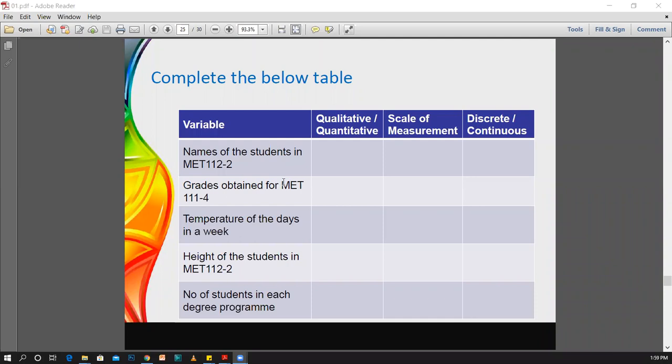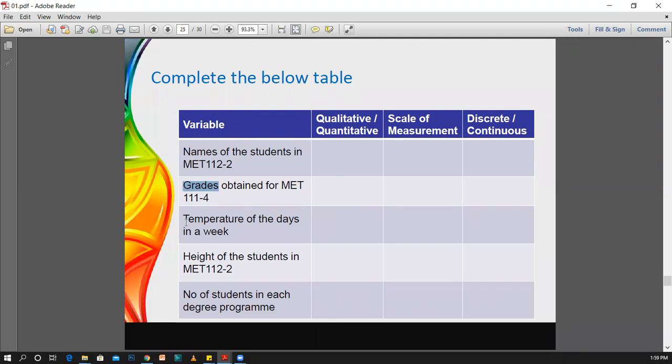Then you may have A plus, A minus, B plus, B minus, D, C, F. Likewise, you may have letters only. Here it is not the marks, it is just the grades, which means letter grades. Therefore, again, you will have qualitative data.